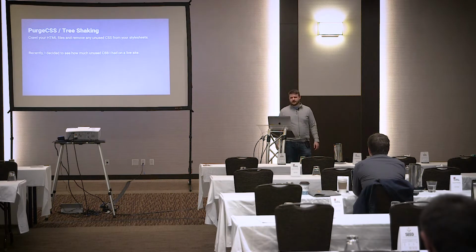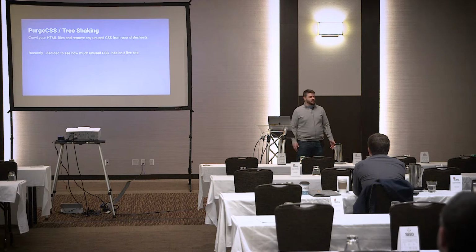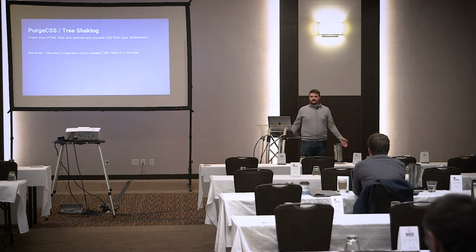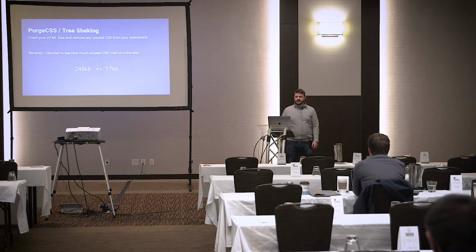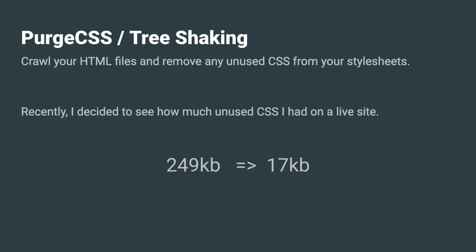For example, in our workshop 2 days ago, we had a pretty simple application. We pulled in Bootstrap. And of course, we didn't need anything really from Bootstrap other than a nav bar and grid, as you typically do. But then you get the burden of all of those other components. We went from 149 kilobytes to 17 kilobytes after removing all of that CSS.